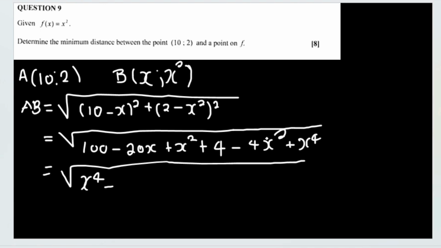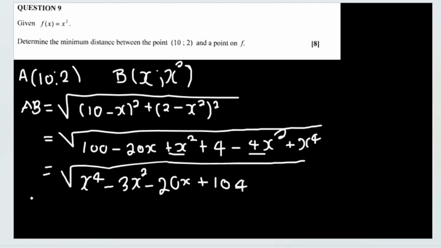Then there are the like terms, which give me minus 3x squared and minus 20x. Then lastly, plus the constant, which is like terms 100 and 4, giving us 104.